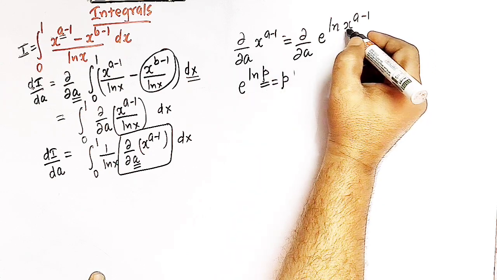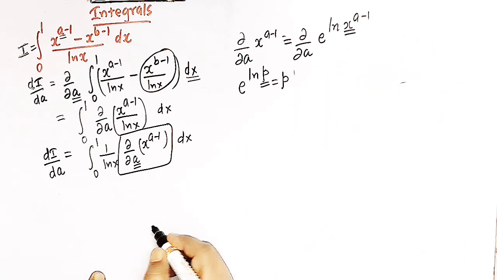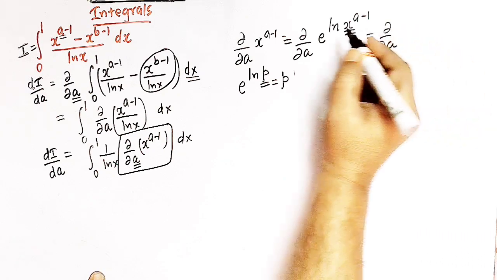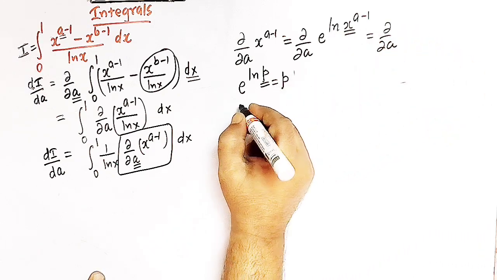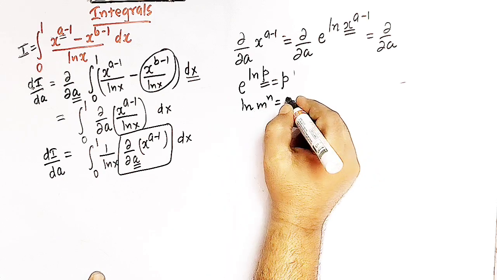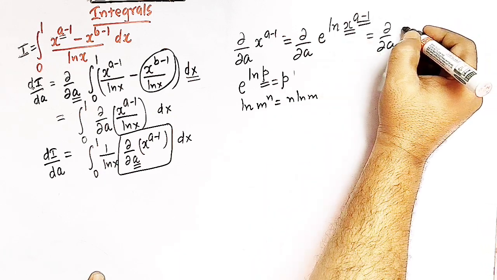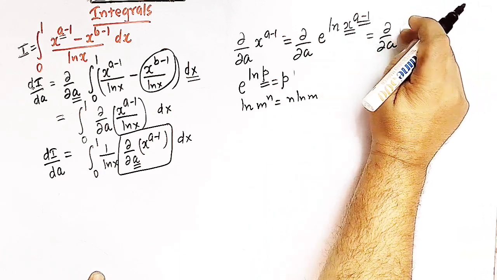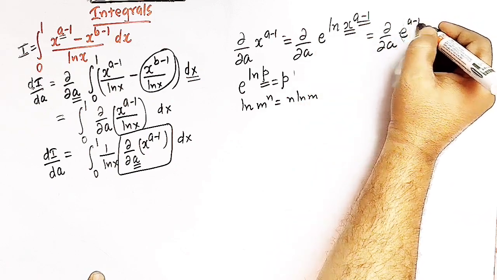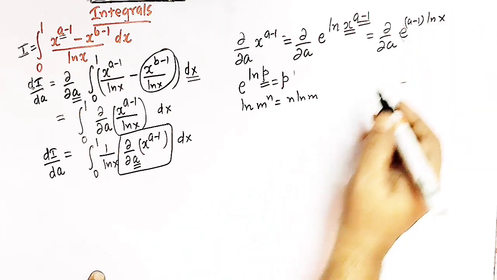So here our p is x raised to a minus 1, right? Okay, so now here we can now apply the properties of log, that is log of say m raised to n is n log m. So here we have a minus 1, so we can take a minus 1 in front of the log notation. So we have a minus 1 and natural log of x, right?